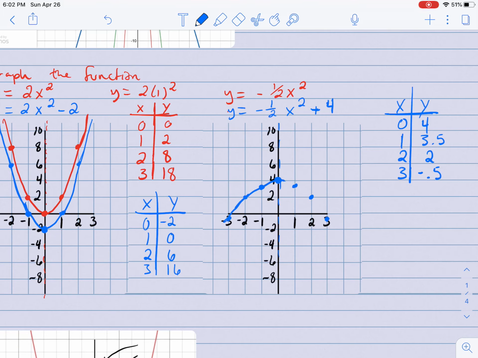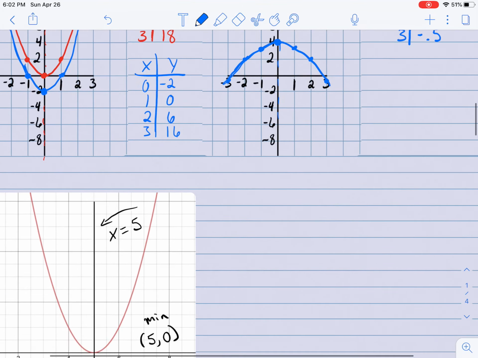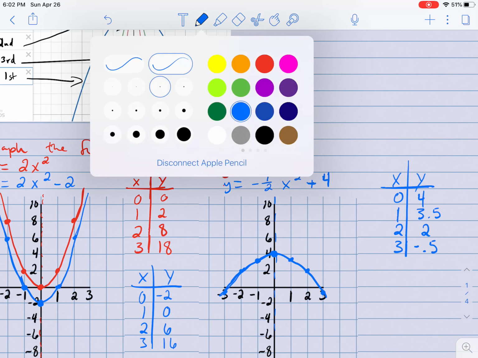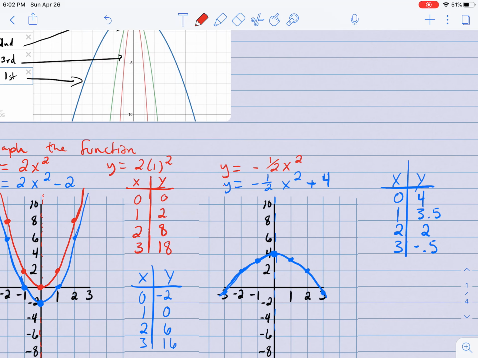And notice it's a smaller a value, so it is wider than the first two on the left hand side, and it's negative, so now it's a mountain, not a bowl. Okay, and then the next one, same thing, except now it's just going to be moved down. So we could fill this out fairly quickly.